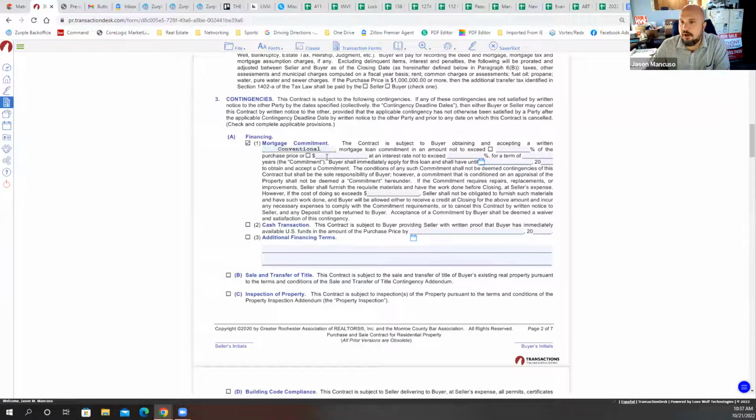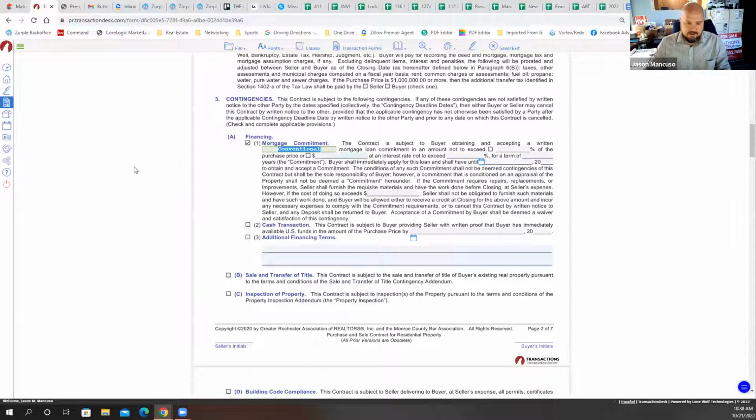So first, bouncing around here. So we're not doing cash. We need a contingency for financing. So it's a mortgage commitment contingency. As a buyer, you've been pre-qualified, but you're subject to obtaining an actual mortgage commitment. Okay. And here we're going to start filling in these blanks essentially. This buyer is getting a conventional mortgage loan.